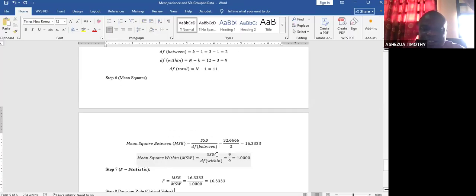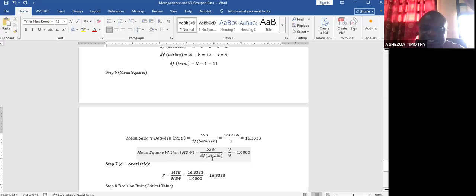I insert it here, and I have 9 over 9, which is equal to 1.0000. Since the other is 4 figures, I have to make this 4 figures too. Now, for your F statistic, it is MSB all over MSW, that is mean square between over mean square within. That is 16.333 all over 1.000, which gives us 16.333.